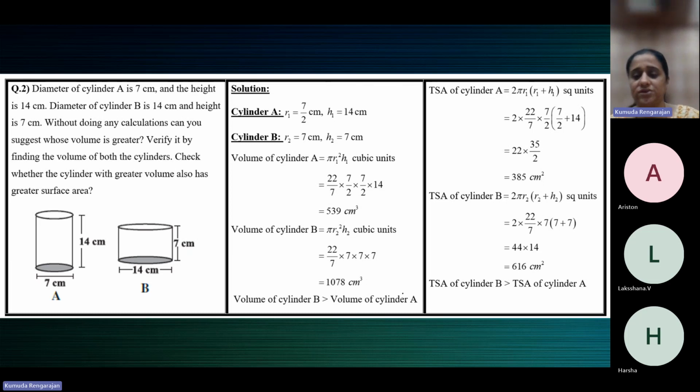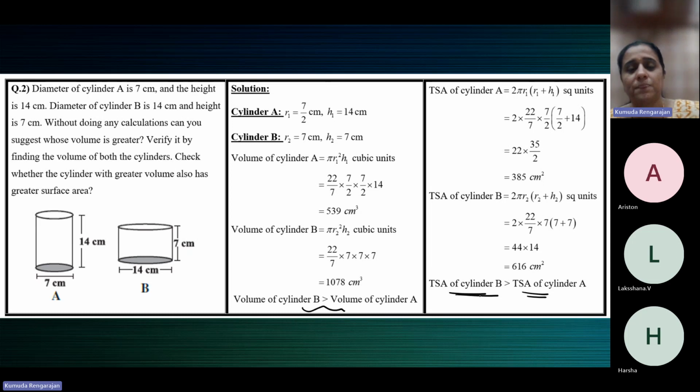So you can see that in this case, the surface area of B is greater than the surface area of A. This need not always be true. When the volumes are compared like this, the areas can be compared in the reverse order also. Maybe the surface area of A is greater than the surface area of B. You can't say.